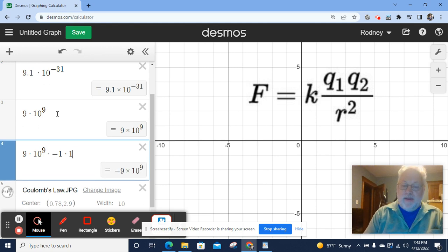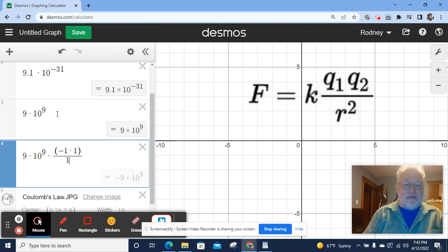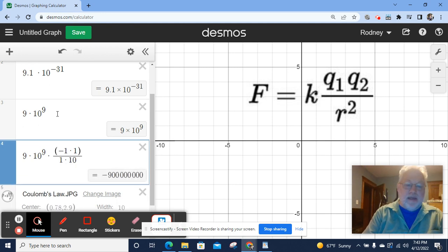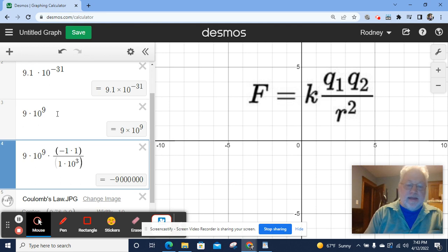And then I'm going to divide that all by 1,000 meters, which is 1 times 10 to the third meters. And I'm going to raise that to the second power because I've got to square this. Okay, so I've got all of that information.